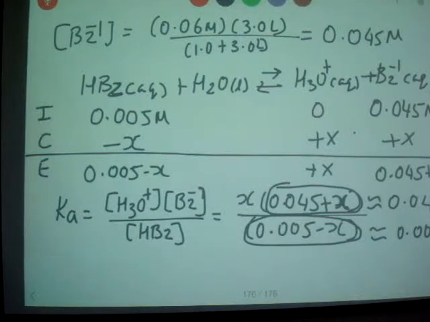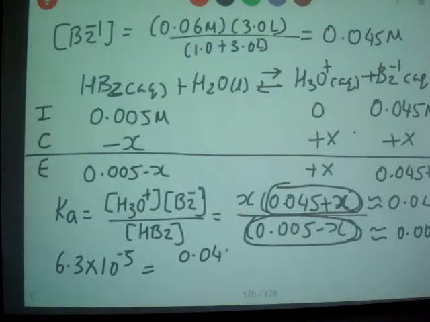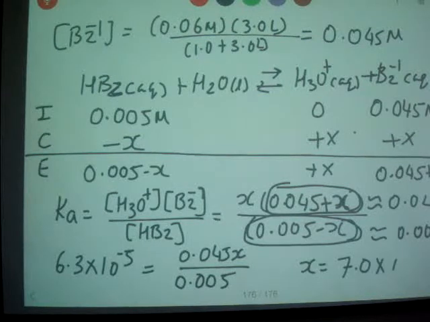So Ka is given, which is 6.3 times 10 raised to minus 5 equals 0.045x divided by 0.005, and when we solve for x you get 7.0 times 10 raised to minus 6 molar.